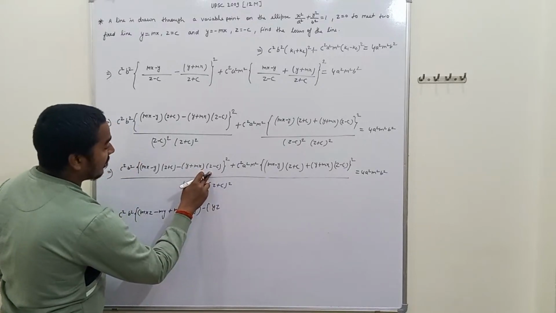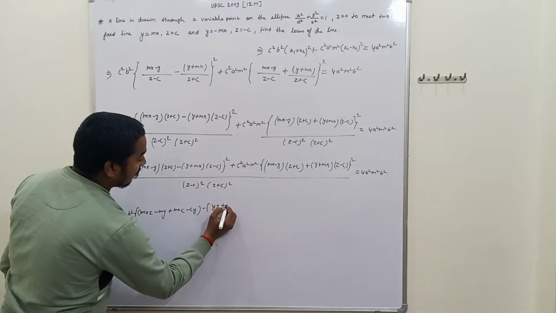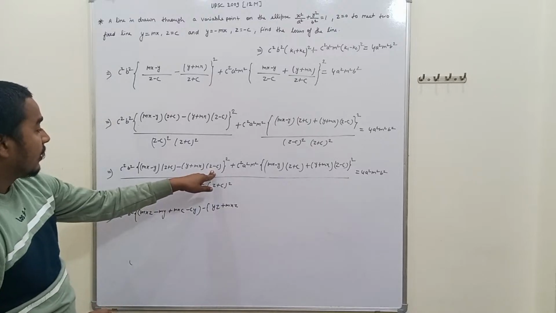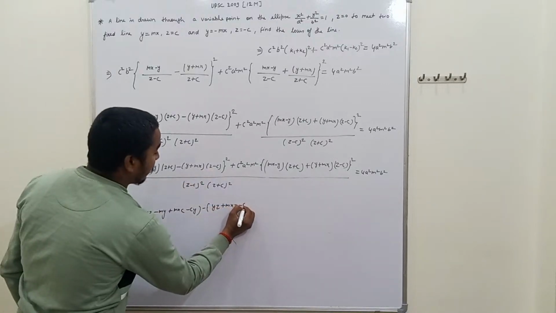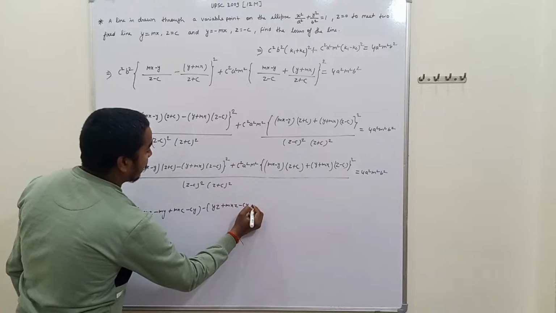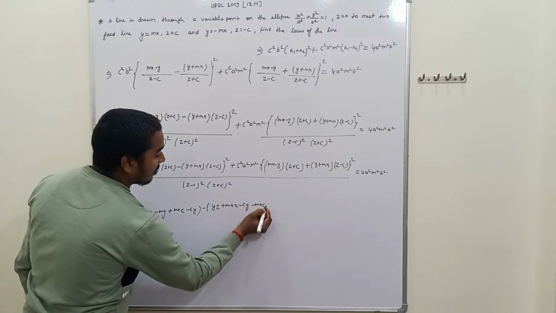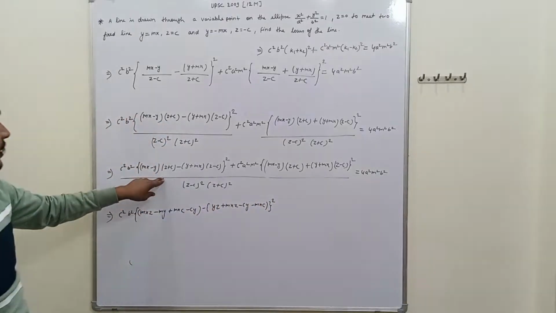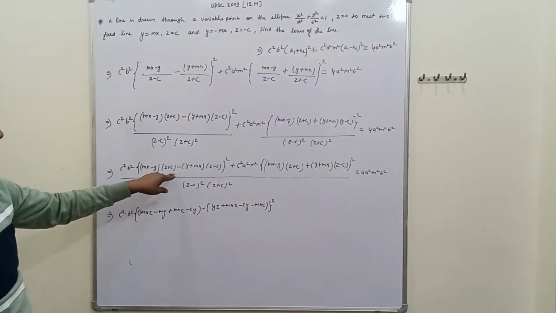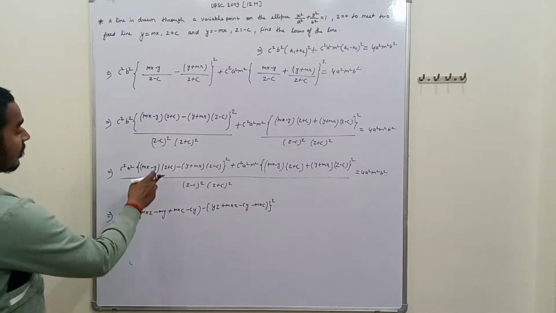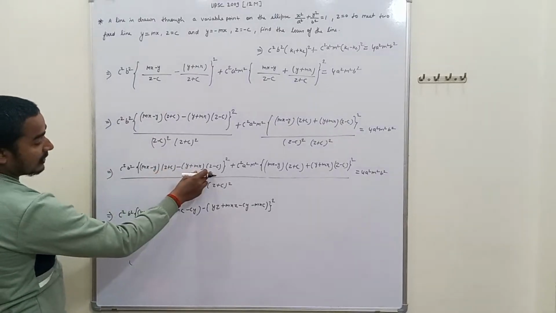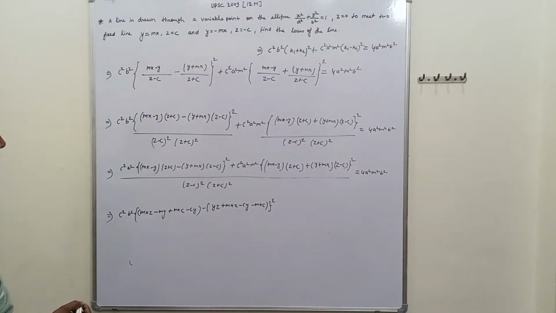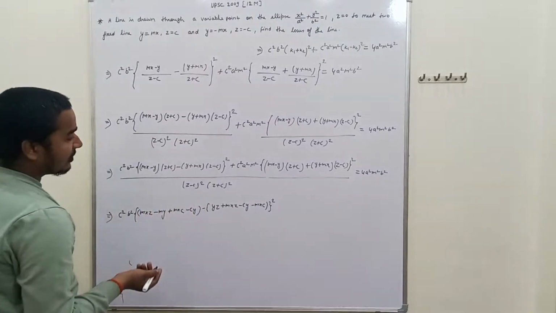Here is yz and plus mxz and minus cy and minus mxc. We can also write it as it is, but we have to further proceed to open the multiplication.